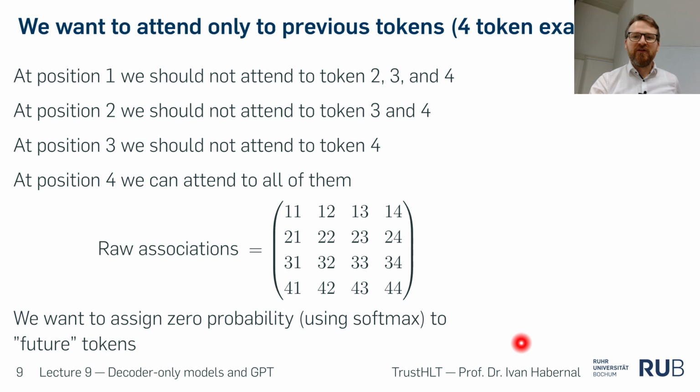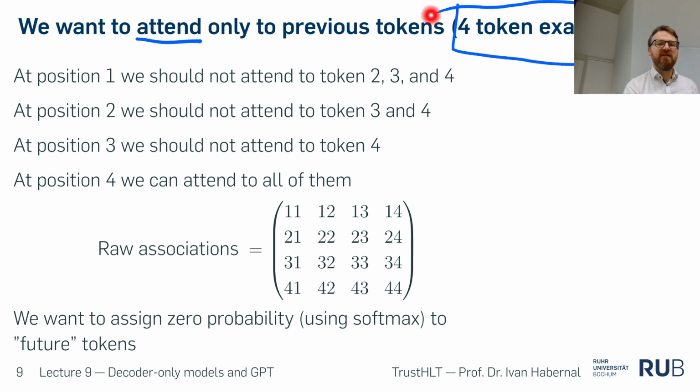Okay, so what we want is to attend, to look only at the previous tokens. So here we have an example with 4 tokens, some sentence with 4 tokens. At position 1, we should not attend to tokens 2, 3, and 4. All right, we are at position 1, and we shouldn't be paying attention to or have any information from the future tokens.